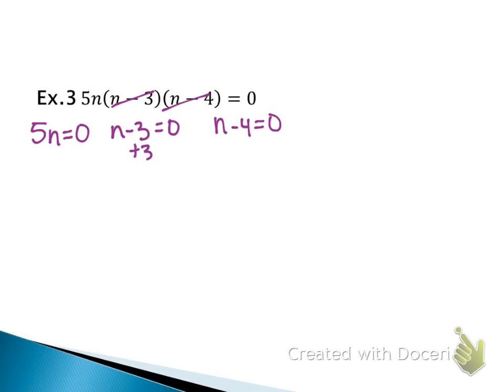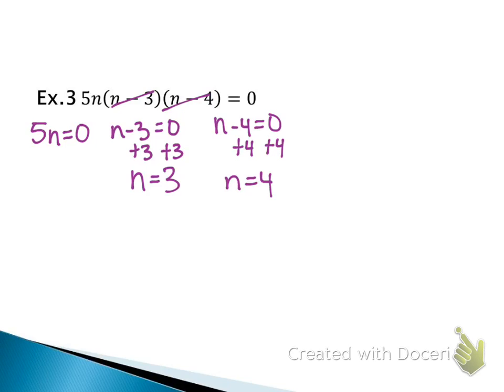Yep, on the middle one we would add 3 to both sides. 0 plus 3 equals 3. Good. All right, on another one. Danielle, how would we solve another one of these? Good. On this last one, we add 4 to both sides. We get that n equals 4.